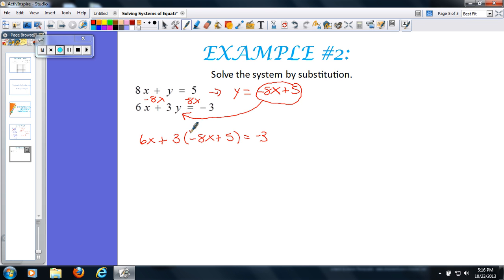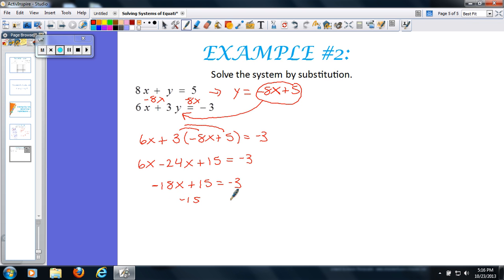And now I'm going to solve for x. I'm going to start by distributing the 3. I get 6x minus 24x plus 15 equals negative 3. 6x and negative 24x give me negative 18x plus 15 equals negative 3.